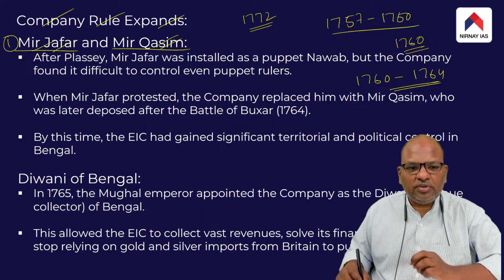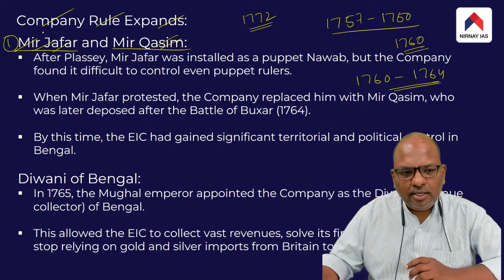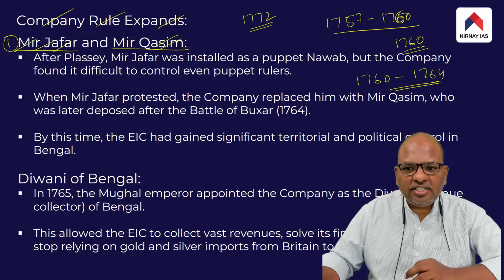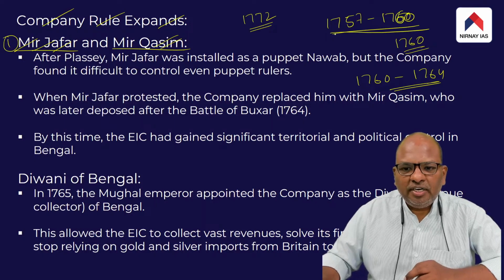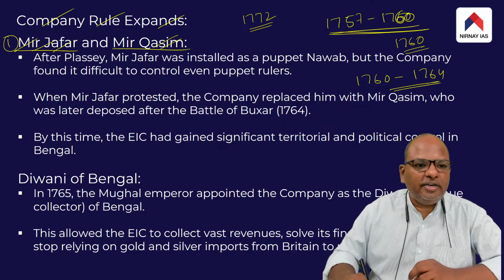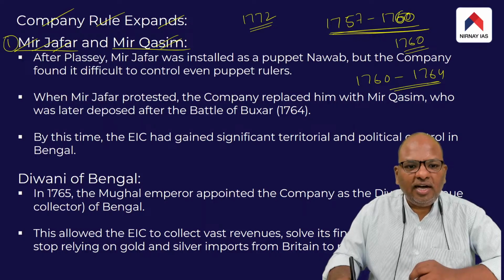Let me repeat this point once again. As per the agreement, Mir Jafar was made the ruler of Bengal and he remained the ruler till 1760. But then disputes broke out between the British and Jafar, and therefore the British removed Jafar from the throne and replaced him with Mir Qasim.